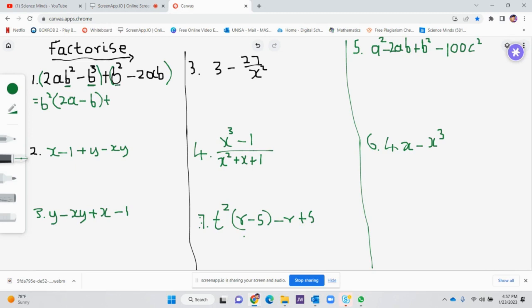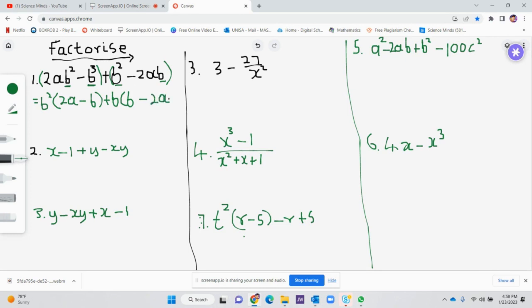That is b. b can be divided into b squared and b can be divided into ab. So we take out a b as a common factor that side, and then b squared divided by b is going to be b. Then minus ab divided by b, we will be left with a, and 2ab divided by b, we will be left with 2a.